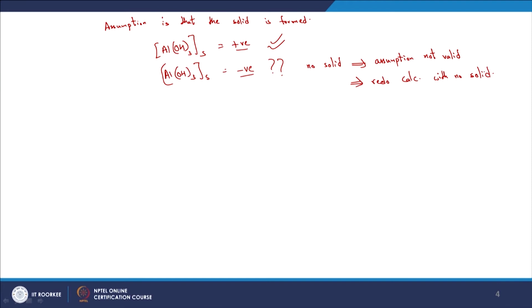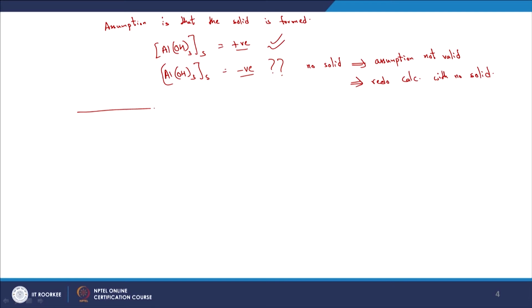So you can start with either of these assumptions. One assumption would be that there is no solid: solve for it, then check the Q by K values, and redo the calculations if necessary when Q by K is greater than 1, indicating that a solid is formed. Or you can go with the assumption that a solid is going to form, or precipitation occurs, and solve for the concentration of the solid that has precipitated out.